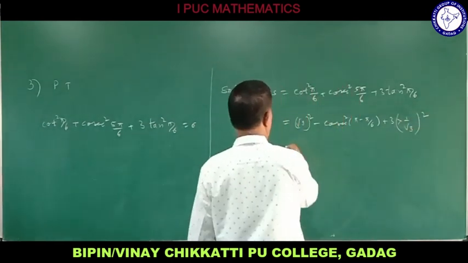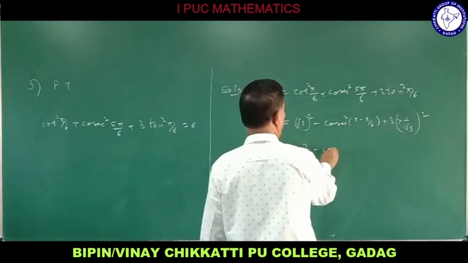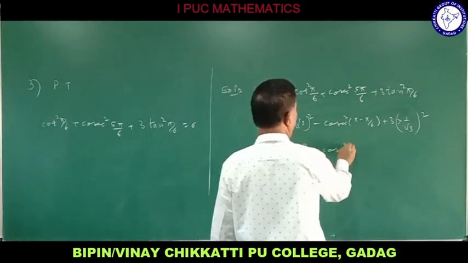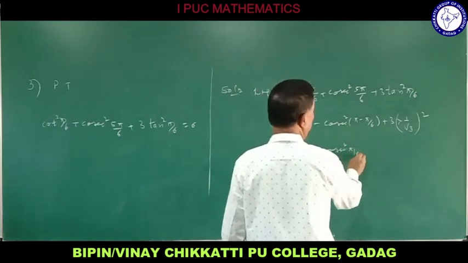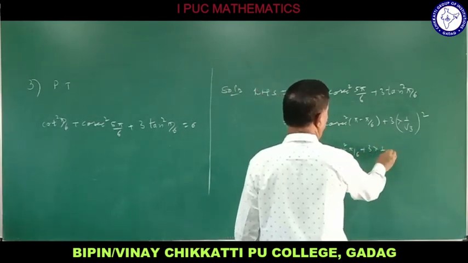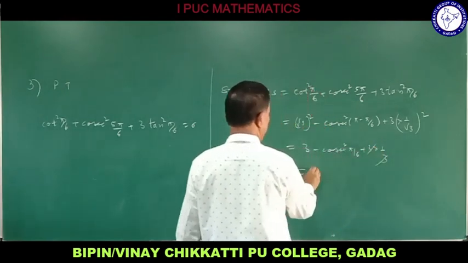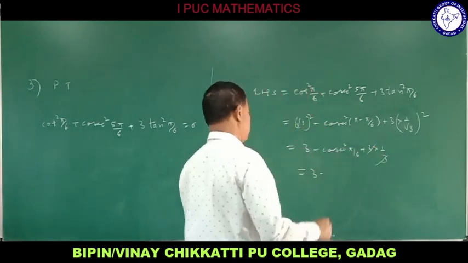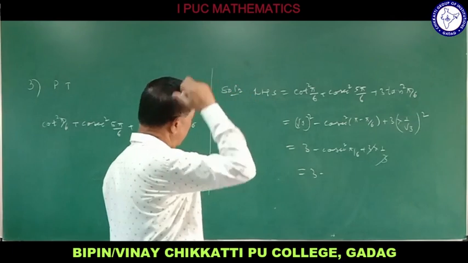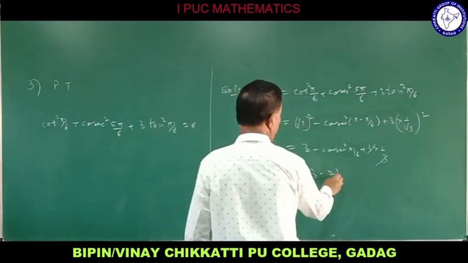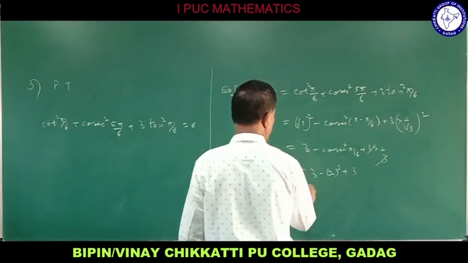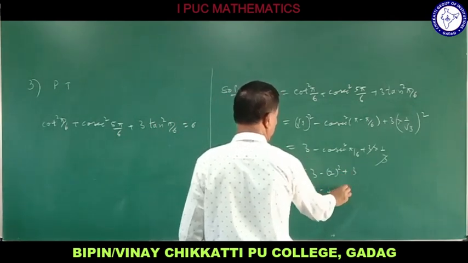So what happens here? This is 3, cosec square. This is the second quadrant, where sine is positive, pi by 6, plus 3 into 1 upon 3. So cosec square means 30, and sine 30 is 1 upon 2. This is 2 square plus 3. 3 minus 4 plus 3.